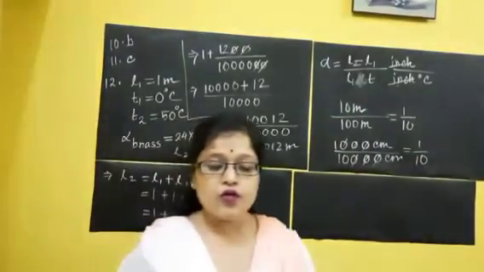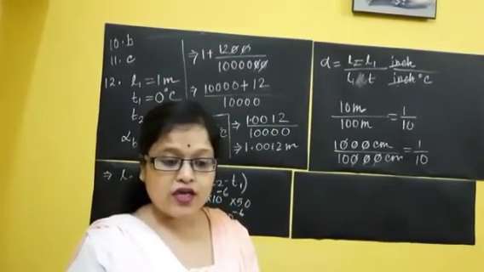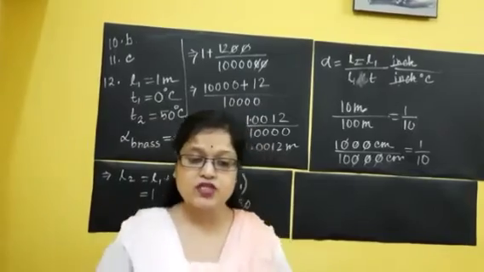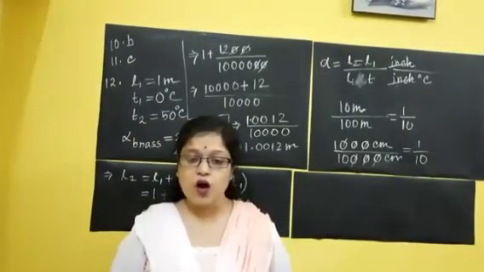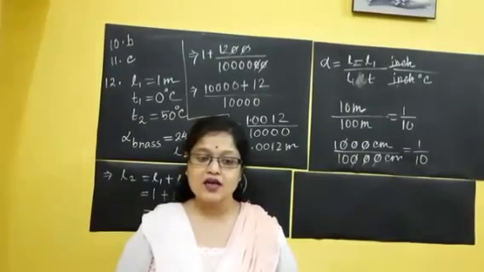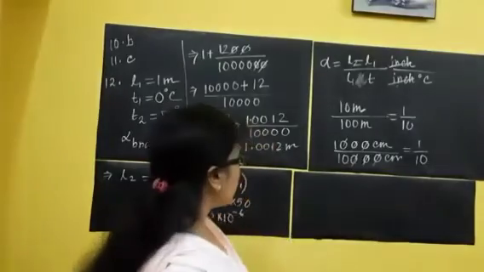Next one, during the construction of a bridge, one end of the steel girder is fixed to a concrete and the other end is supported on a roller. Why? This is already explained.